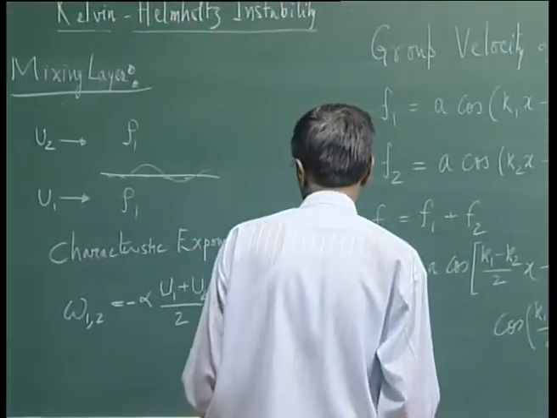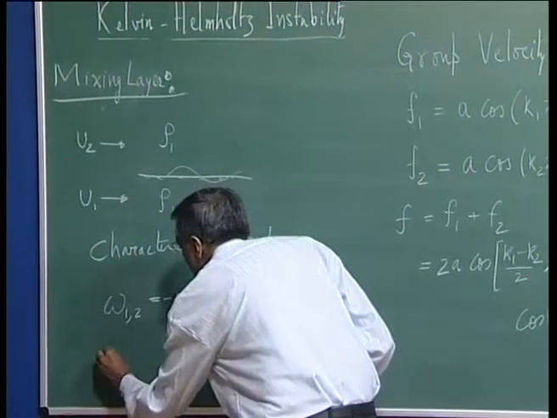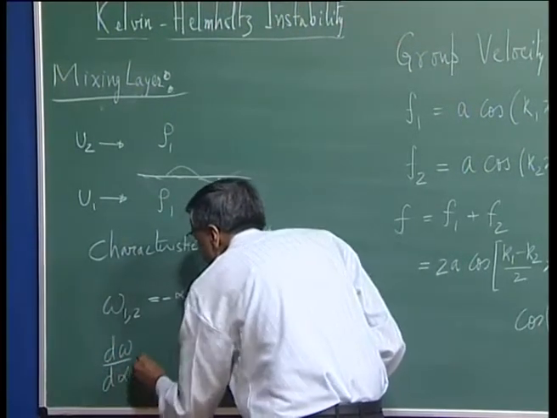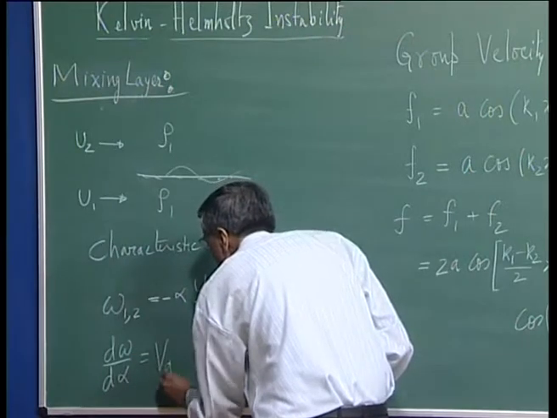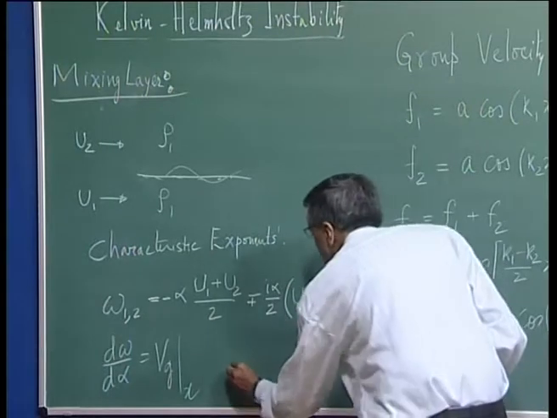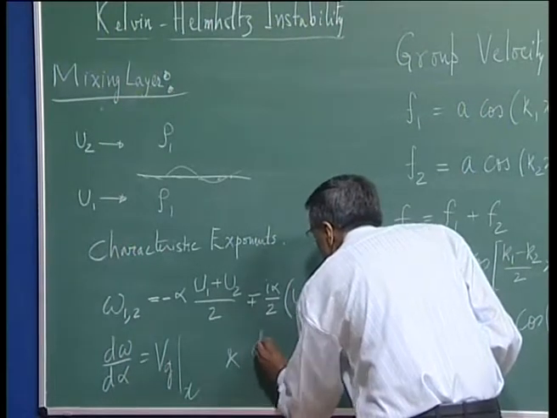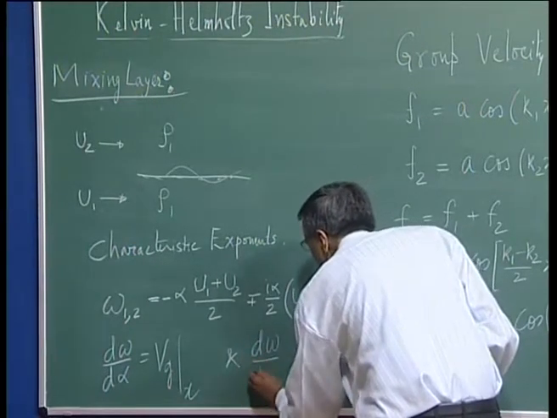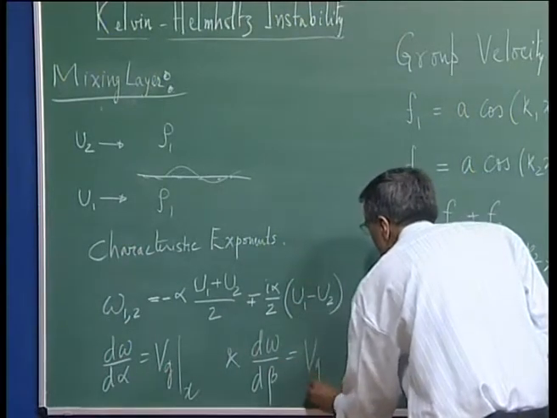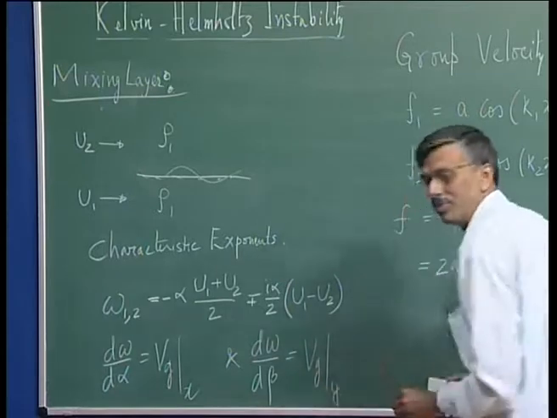It should be written as d omega d alpha. That will be the group velocity in the x direction. And if I could get d omega d beta, that will be my group velocity in the y direction.